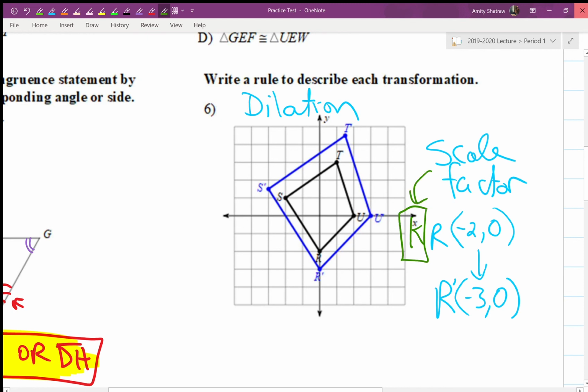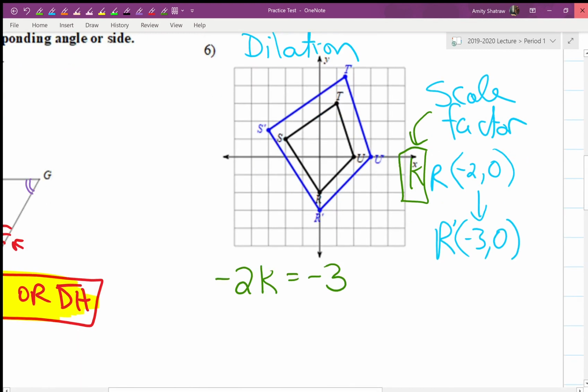So what do I multiply -2 by to get a -3? Ready? What do I multiply -2 by in order to get a -3? Ray, take a look at the screen for me. Negative 2 times something is negative 3. It can't be 6. I didn't get 6 as an answer.